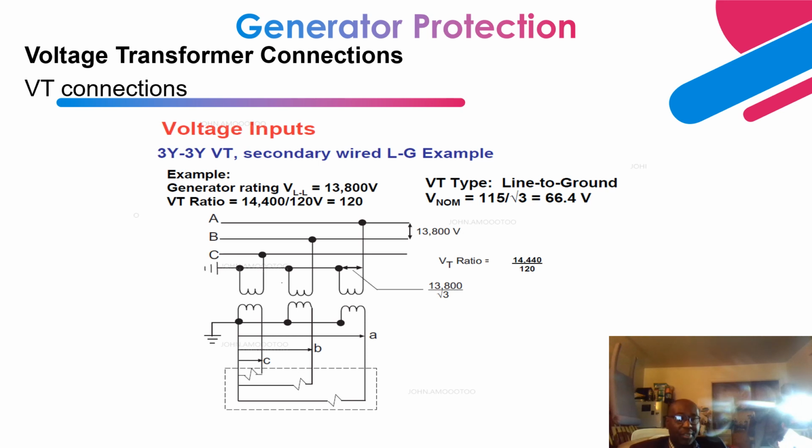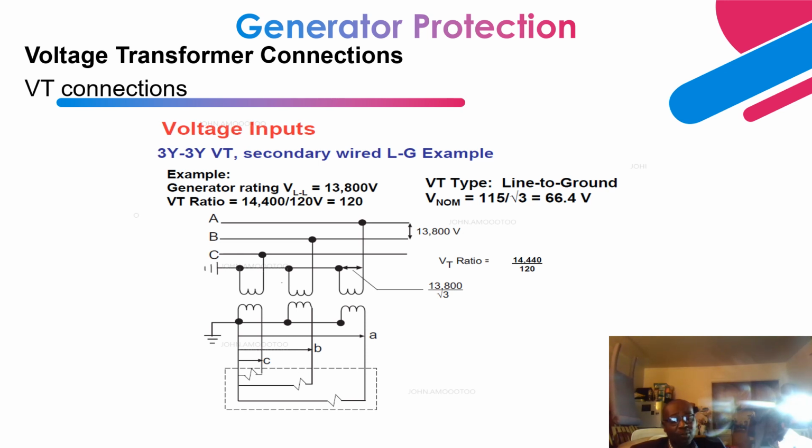Next is another configuration. This time you are trying to achieve a line-to-ground configuration. In the previous one, we were trying to achieve a line-to-line secondary connection. Depending on the configuration of some of these measuring instruments, you need to achieve either line-to-neutral or line-to-ground parameters.